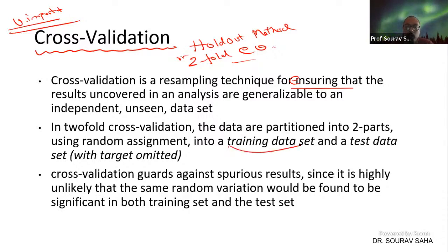You have the training data set and the other you have the test data set. In this particular case, the partitions, by the way, are not of the same size. Partitions are of different size.